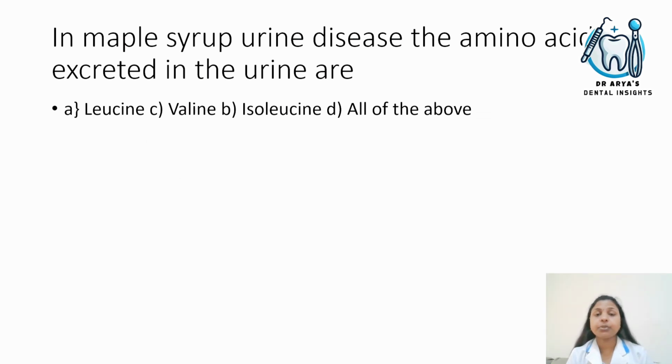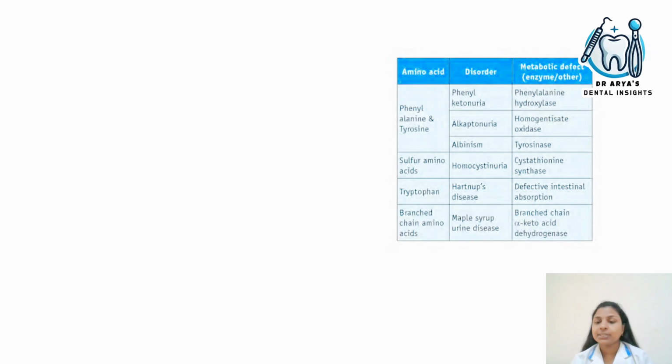In maple syrup urine disease, the amino acids excreted in the urine are leucine, valine, isoleucine, or all of the above. So, in this question, they are asking about maple syrup urine disease. What is that? It is actually a disorder due to some branched chain amino acids. Okay, so which are the branched chain amino acids?